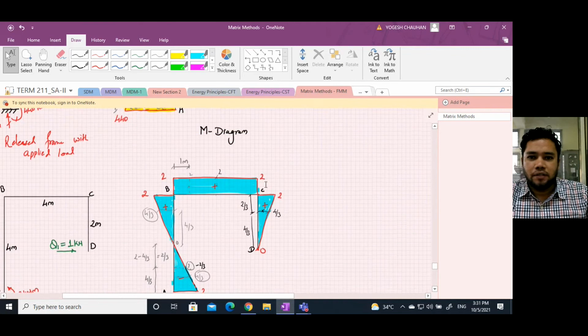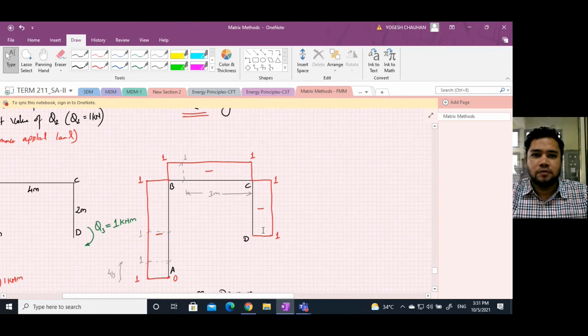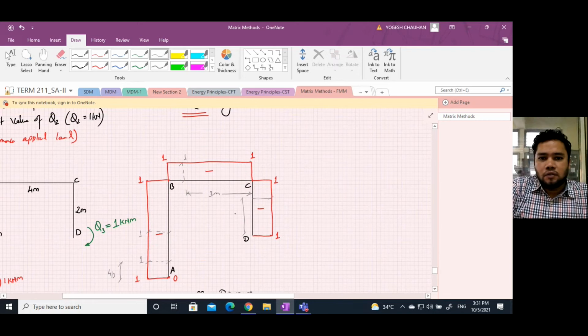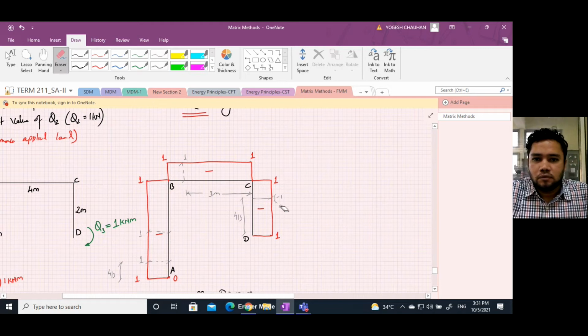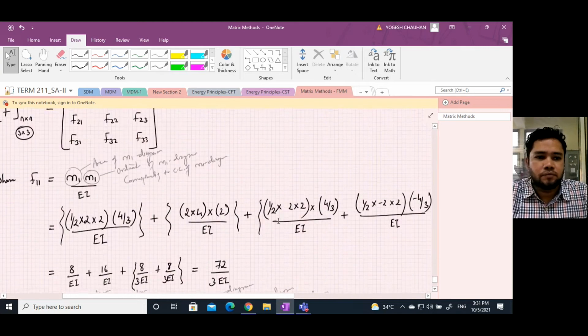So for the first part, the CG at 4 by 3 distance from D distance in M3 diagram is minus 1. So at 4 by 3 distance, it will be minus 1. Okay. So multiply here with minus 1.